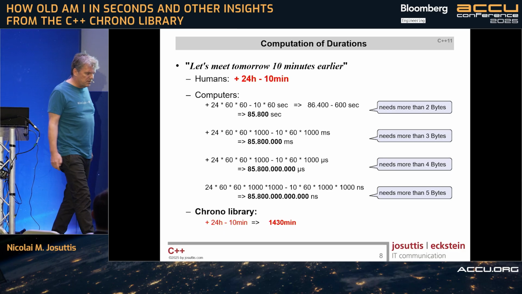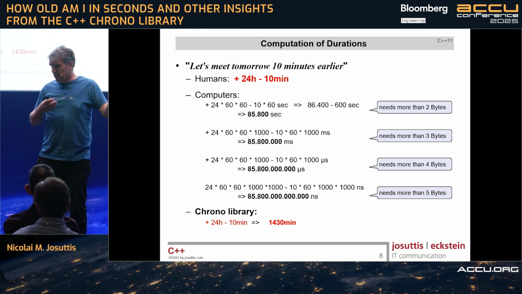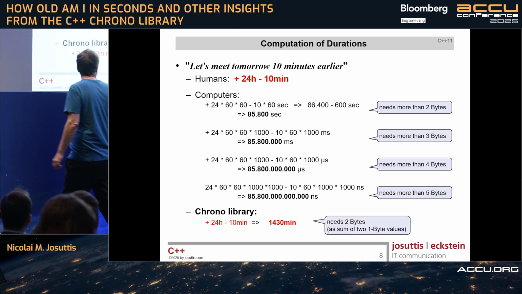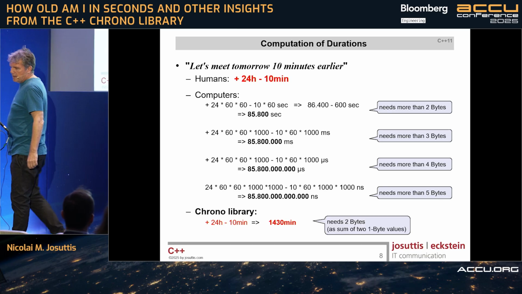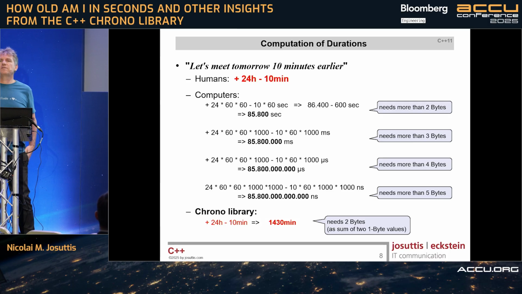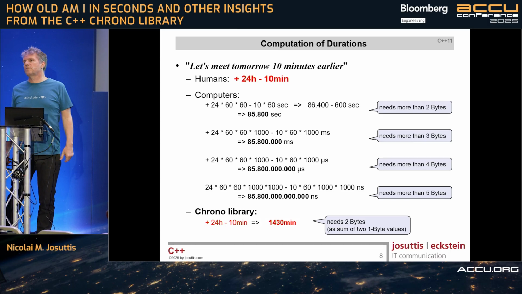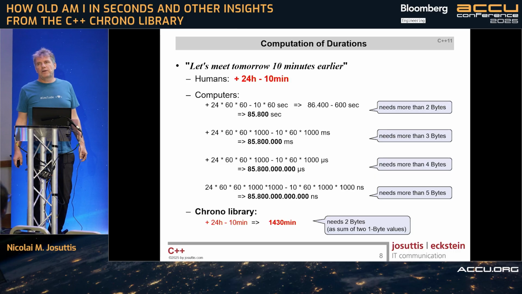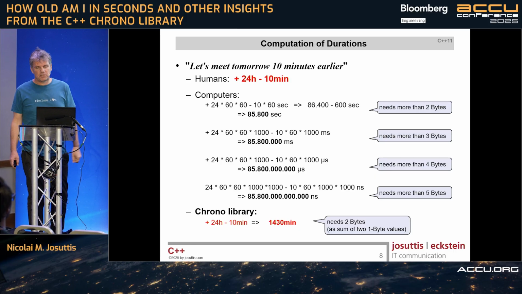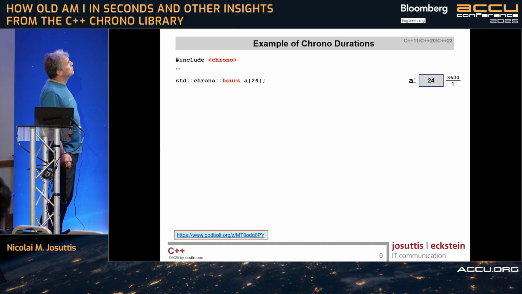And then for the result, we need something in common because we combine hours with minutes. So here we need 2 bytes. That's it. And that, of course, saves a lot of memory. And that's one of the major goals of this library, having good performance, which means good speed and not too much footprint. So how is this programmed in the Chrono library?